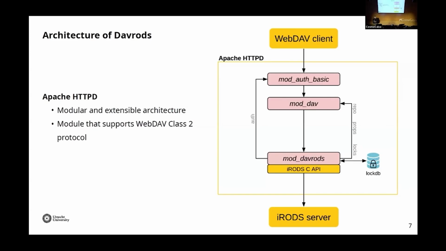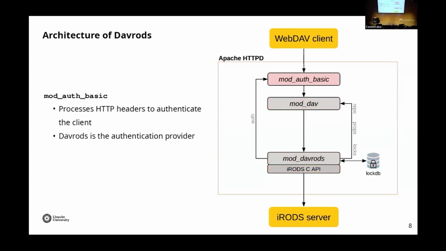So let's break it down a little bit. Talking about ModAuth Basic, this Apache module processes HTTP headers to authenticate the client using the connection encryption along with the basic authentication protocol. So Davrods is the authentication provider for ModAuth Basic.